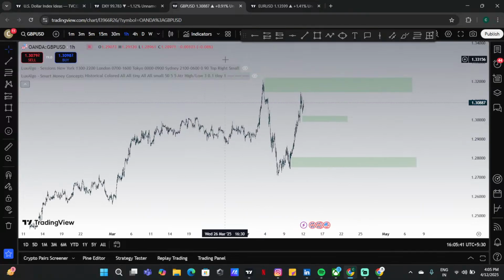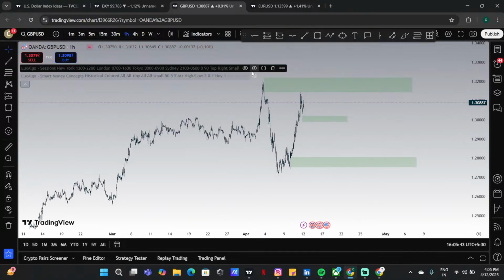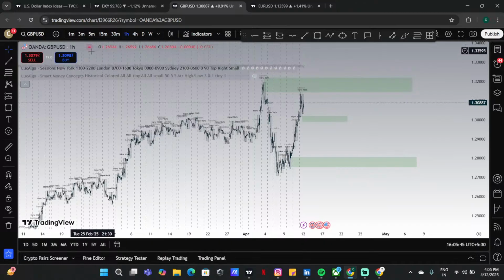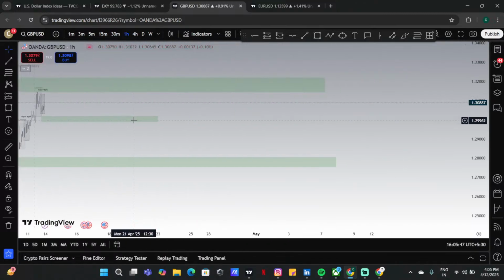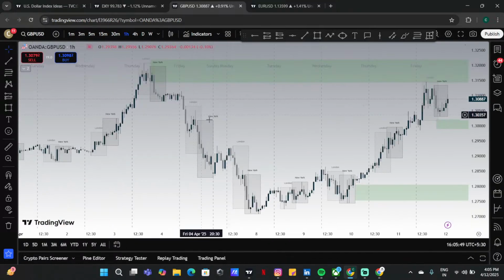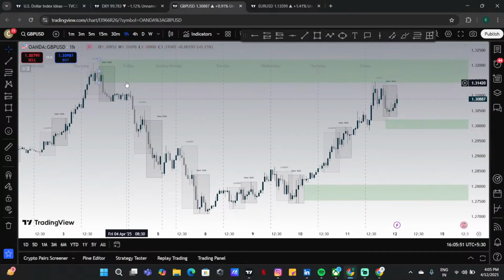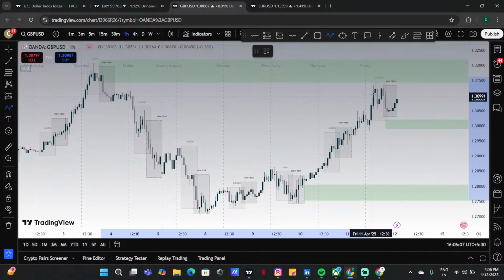If I take a reset chart view, I can see from past Friday to Saturday, Monday, Tuesday, Wednesday, Thursday, this week has been a whole lot of volatile. It looks more like a smile. Just look at it.